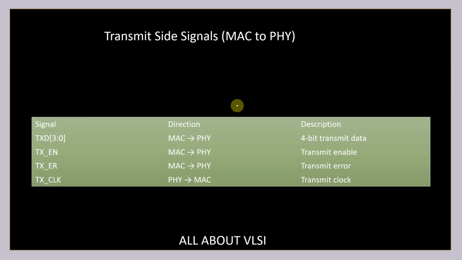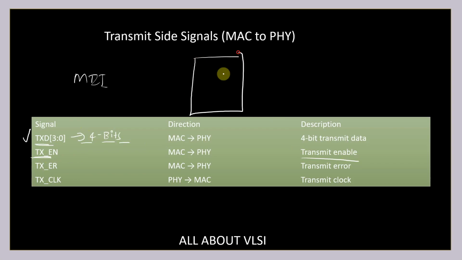Now, the signals present in our MII bus. The first one is TXD, which is 4 bits wide, because we have seen that it supports one nibble. Next is TX_EN, which is transmitter enable. So this is my MAC controller, and this is my physical chip.